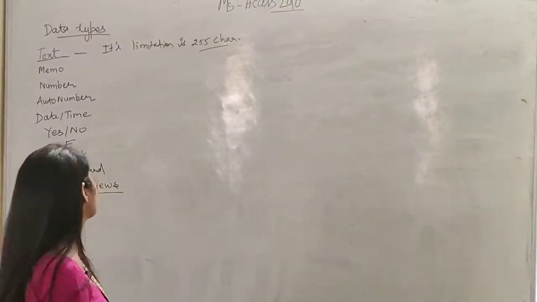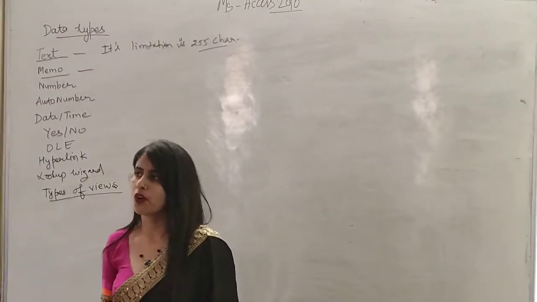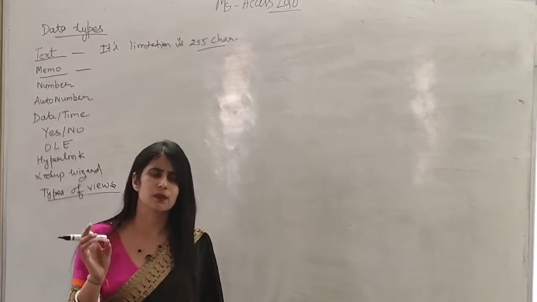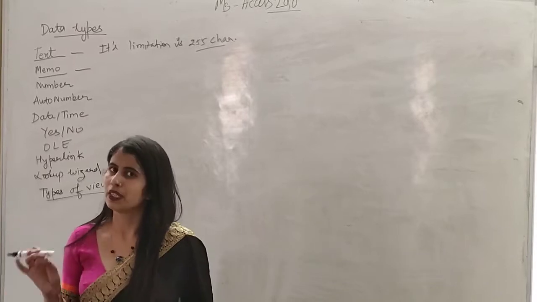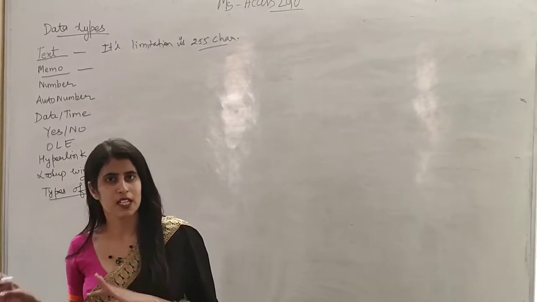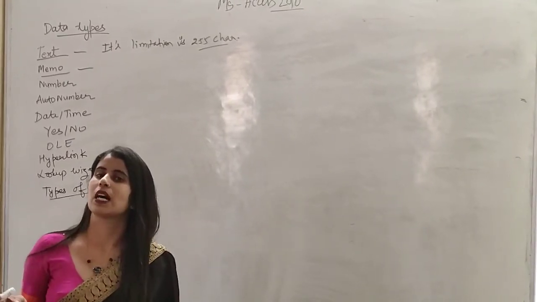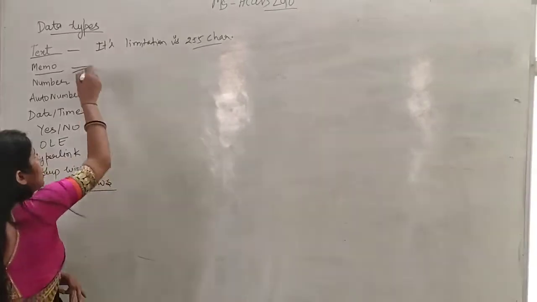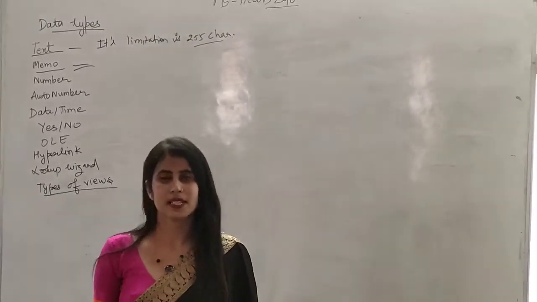Okay, next one is memo. What is memo? Memo is used for detailed and descriptive fields, because in a spreadsheet, or you can say in any table, we need a few fields where we explain everything. So for an explanation in brief or for a text description we use the data type that is memo. Its limitation is up to 65,536 characters.